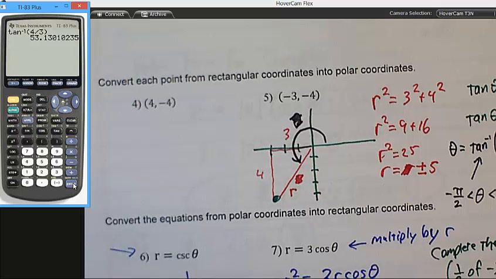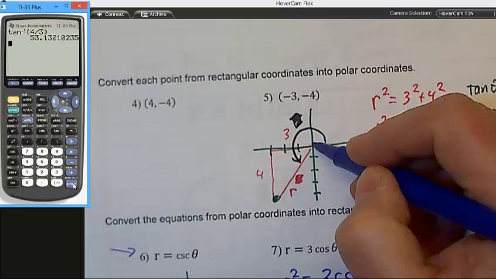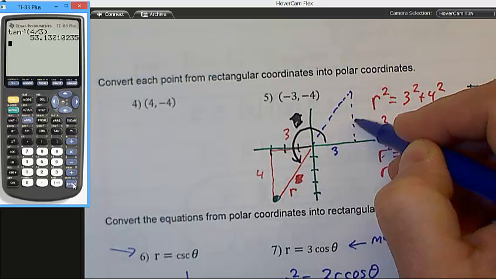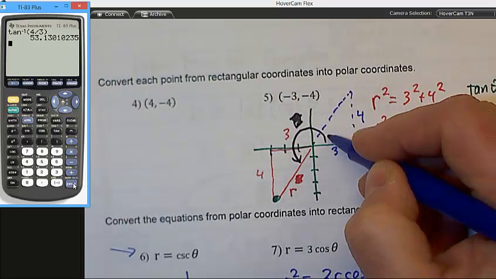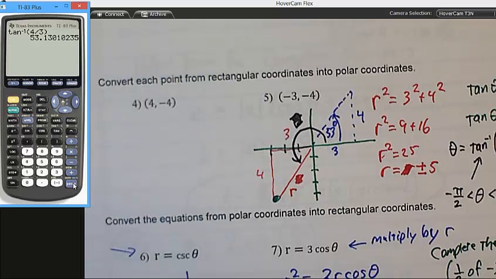So what quadrant are we in? Quadrant 1, right? Now, what you really just computed on the picture is, if this were a 3 and that were a 4, you computed that this angle is 53 degrees right here. Does that make sense to people?